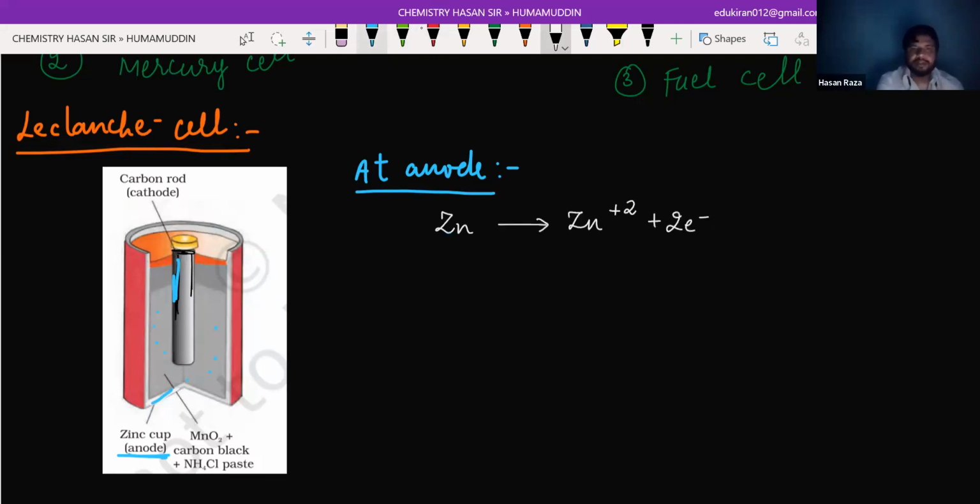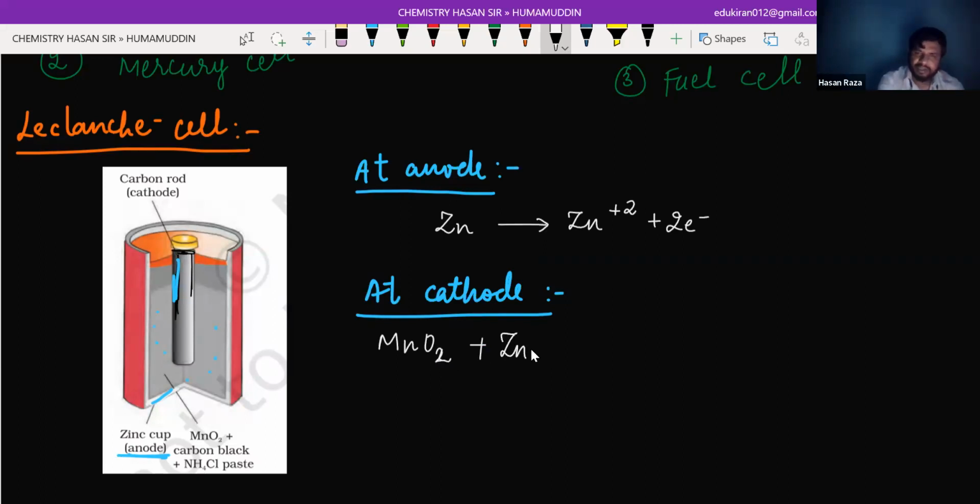And you can see at cathode reduction takes place. So see at cathode what will happen? This is very important. At cathode, this paste will come into play. That means MnO2 will be reacting with zinc.